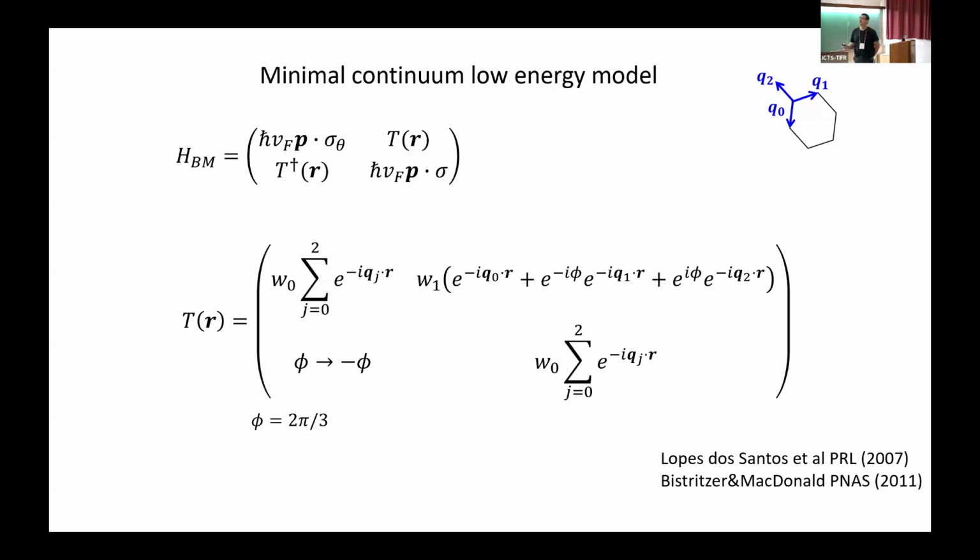If it wasn't for the Moiré potential, this off-diagonal term T of R would be set to 0, and then you would just see these two decoupled Dirac cones. In this particular setup, I chose to move one of the Brillouin zones so that the offset between them doesn't show. But that's just a simple unitary transformation that you can undo if you wish.